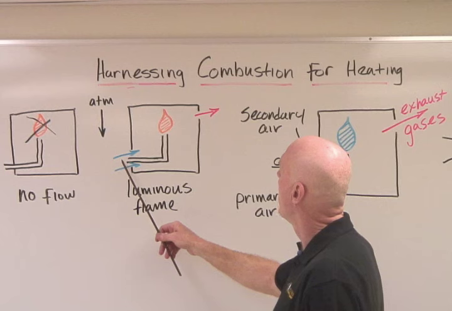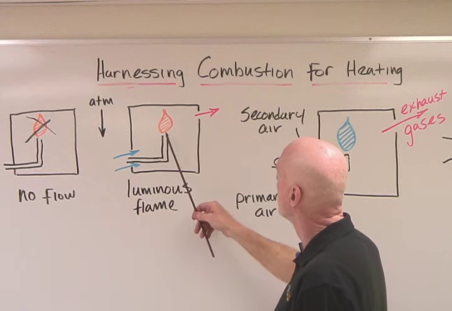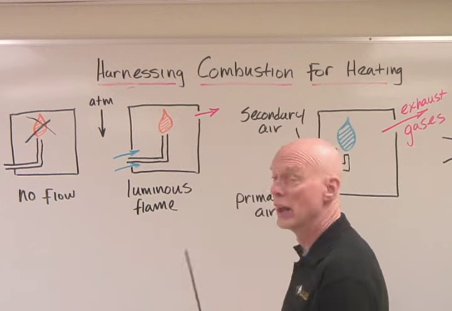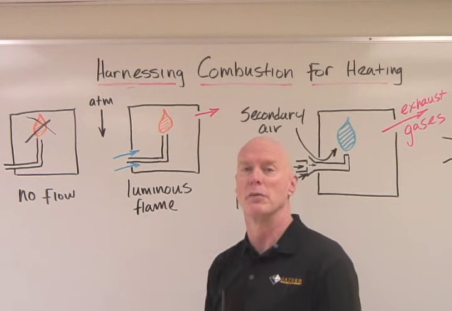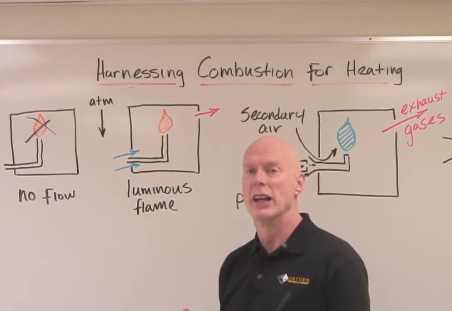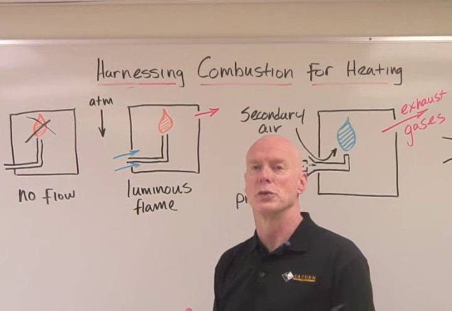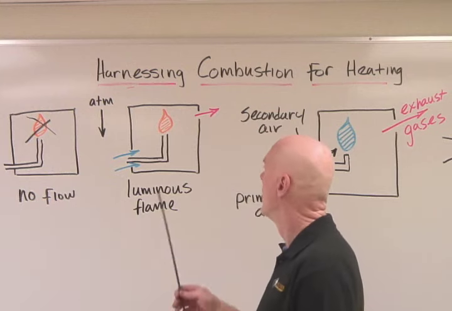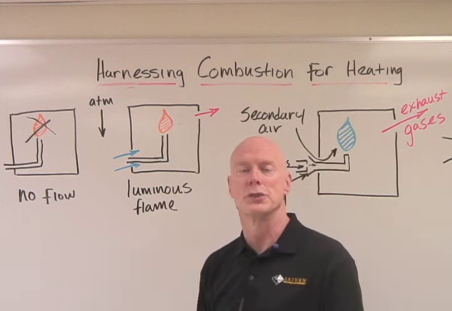So what we have is just a gas pipe, and we light the flame, and we have what's called a luminous flame. And a luminous flame is a yellow flame. And natural gas was first used to provide light. And the yellow flame provides quite a bit of light. It also provides some soot.